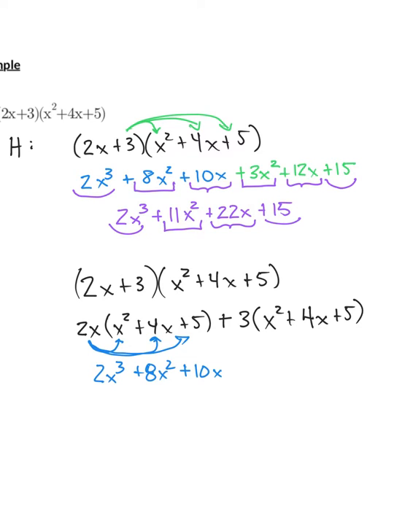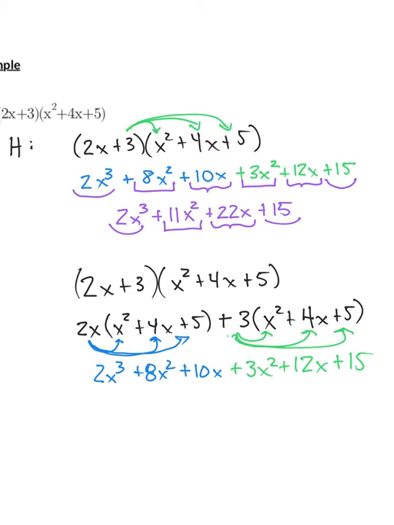Okay, we want to multiply everything in the second set by 3. We get 3x squared. 3 times 4x is 12x, and 3 times 5 is 15. Same thing. I get the same thing that I got up here.